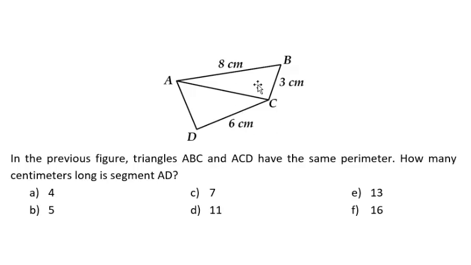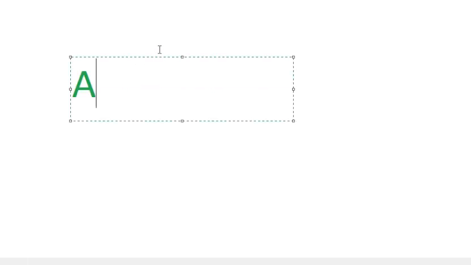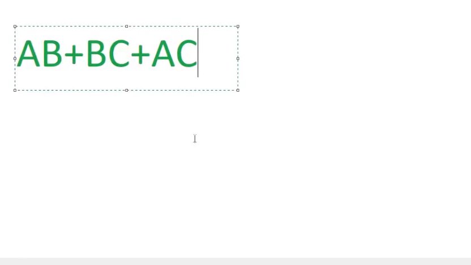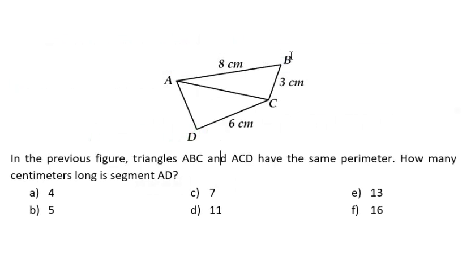So that thing is going to be equal to the other part of the problem. So we have AB plus BC plus AC. That will be the perimeter of the first triangle.